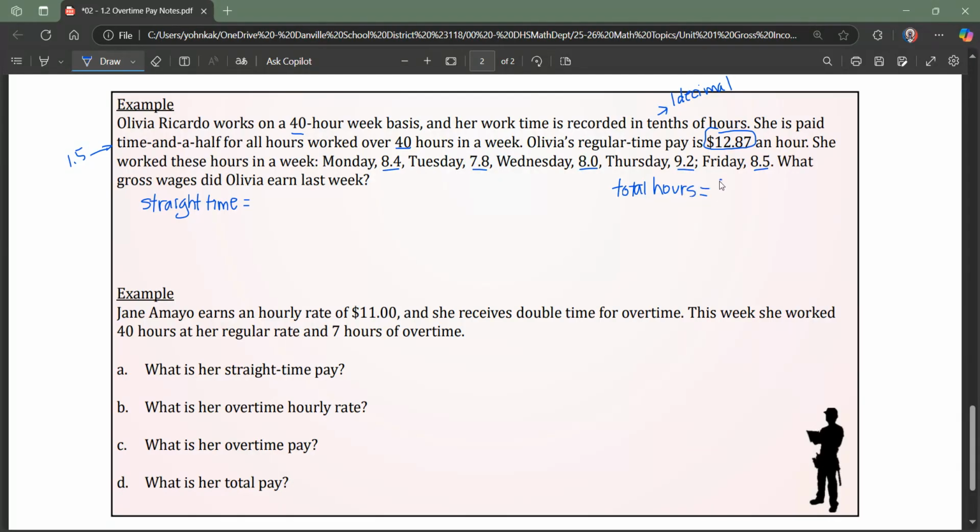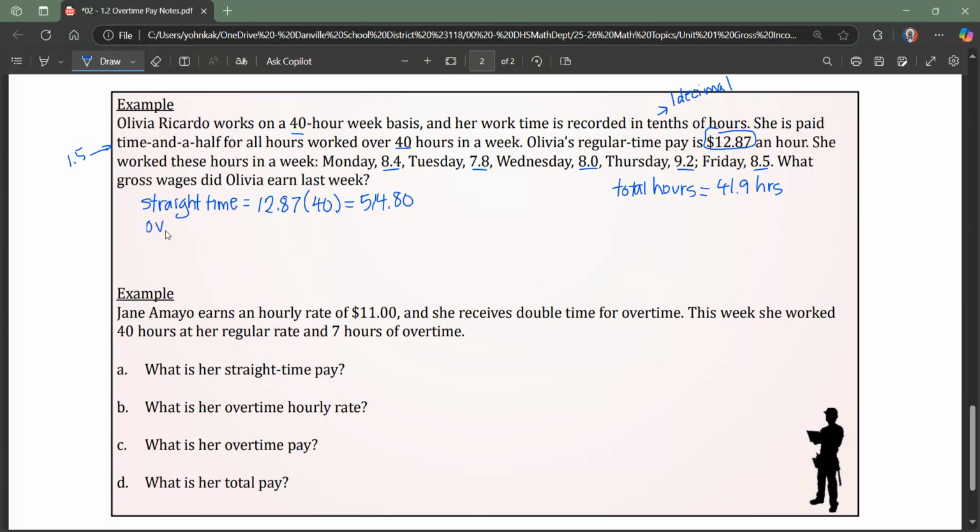If we add all those up, we get 41.9 hours. So regular time is 40 hours. 12.87 multiplied by a regular 40-hour work week gives us $514.80.